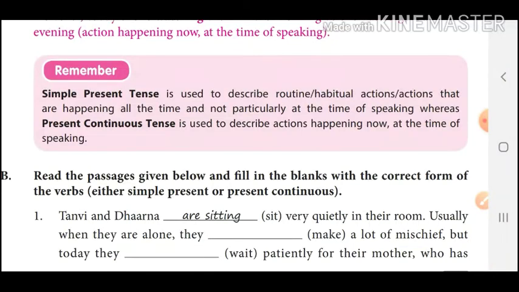Here, simple present tense is used to describe routine, habitual actions that are happening all the time and not particularly at the time of speaking. Whereas present continuous tense is used to describe action happening now at the time of speaking. It means I am doing the work or I am telling also.